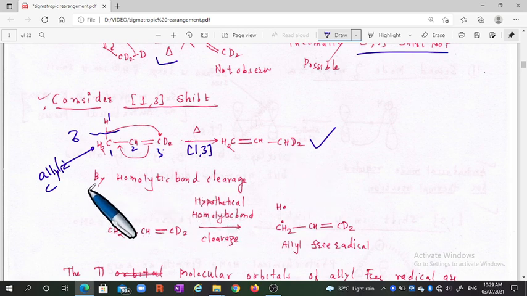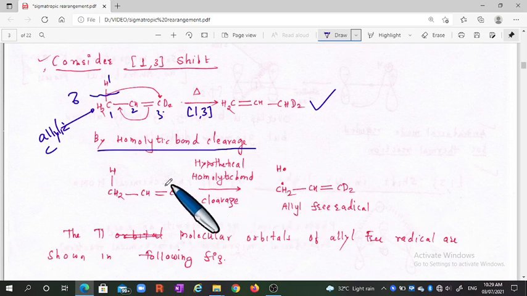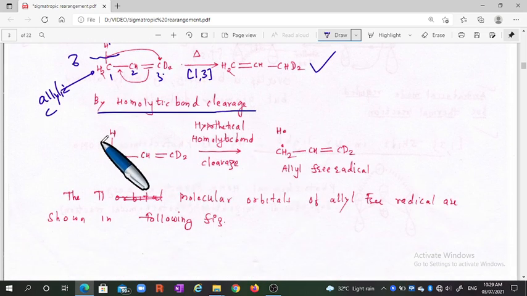This reaction is considered as a homolytic bond cleavage, and it will be explained using homolytic bond cleavage. In this case the bond breaks and radicals are produced, an H radical and a CH2 radical. The allylic free radical has a very short lifetime.